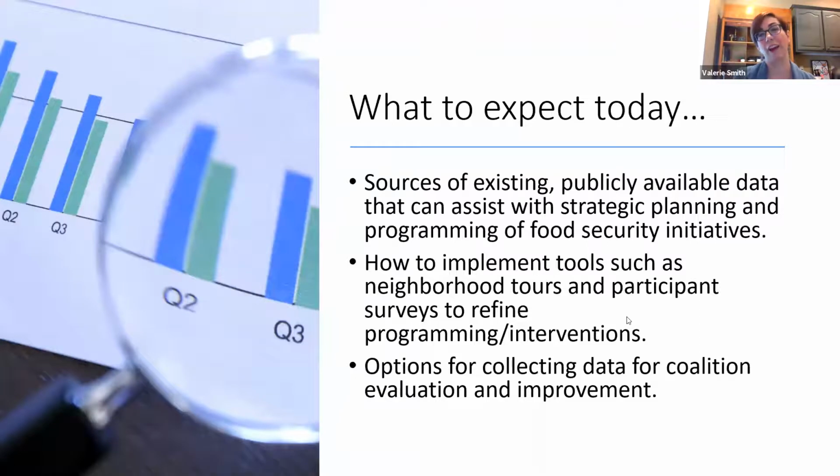I will say I have always said that I am a community pediatrician and I'm not a researcher and I'm not a data person. When I first gave a version of this talk, Katie Nye at the Texas Hunger Initiative, which is now the Baylor Collaboration on Hunger and Poverty, asked me to talk about data last year at their summit. And I was like, I don't really do data. And she was like, yes, you absolutely do data.